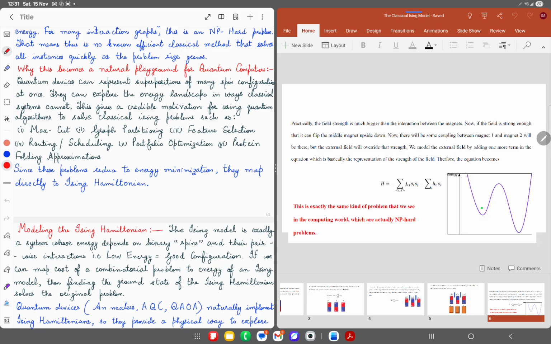to explain the physics of the system, in which the system tends to come to the minimum energy state. Right.